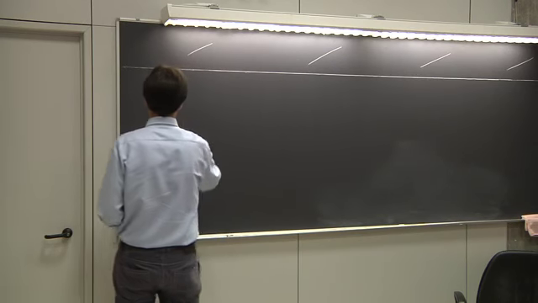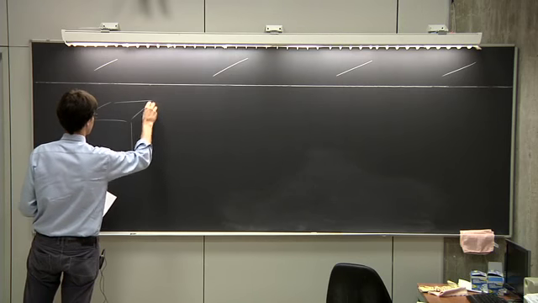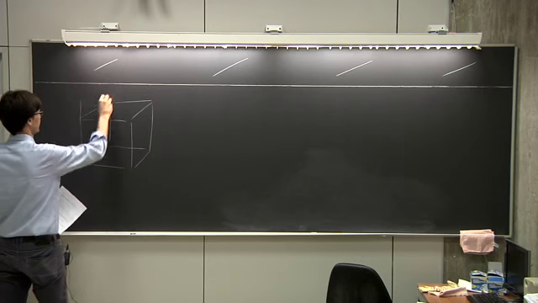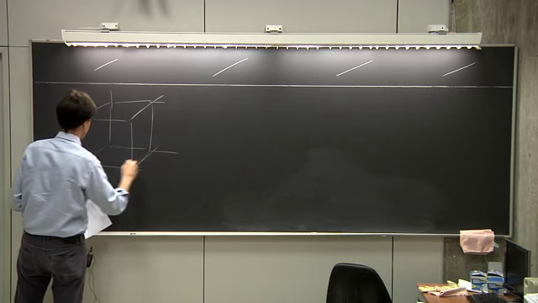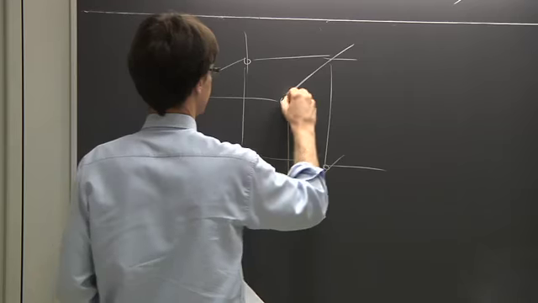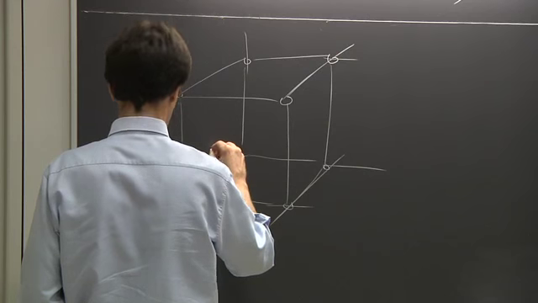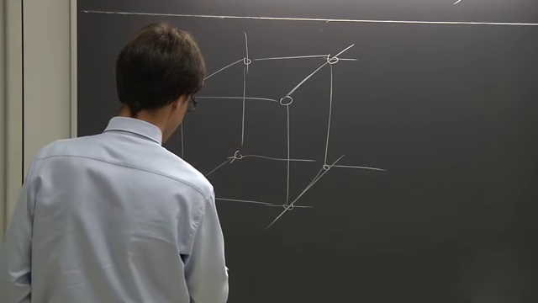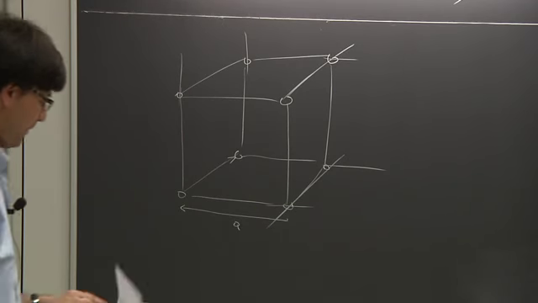So I'm going to draw it now. Okay, so we have a simple cubic lattice. Let me put the a, the side of the cube, all right?